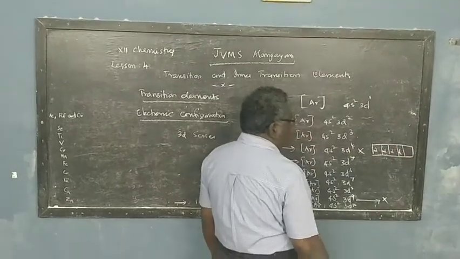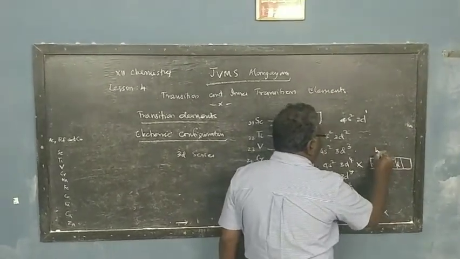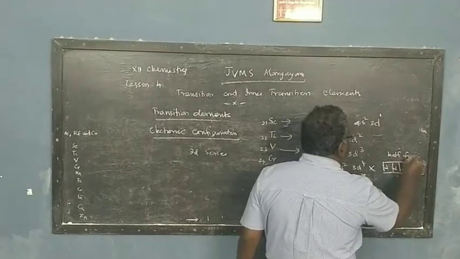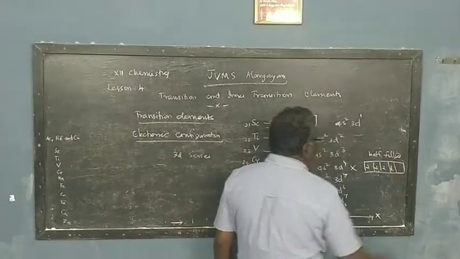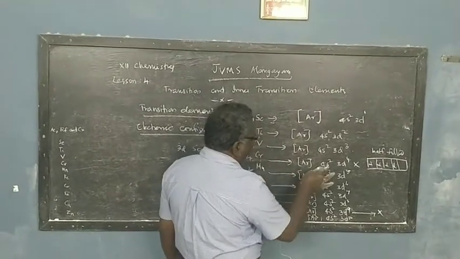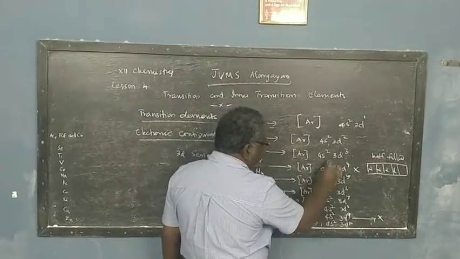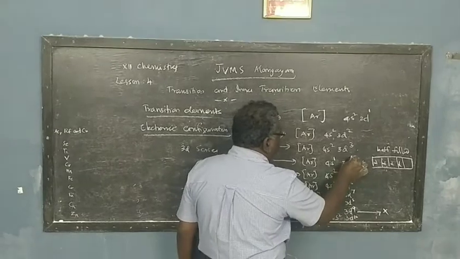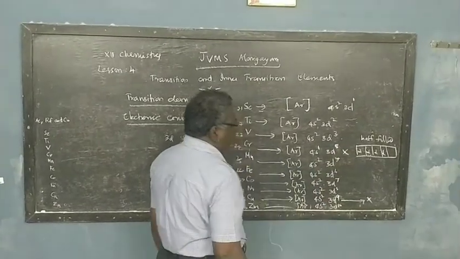If it gets one more electron, it reaches half filled. According to Hund's rule, half filled orbitals are more stable. Therefore, in chromium, one electron will be shifted from 4s2, and this will be made 3d5.